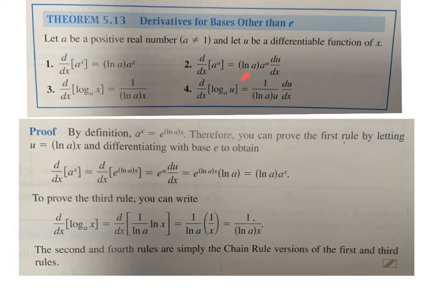All right? Right across from it, same thing here. I now have a to some function, a to the x squared or something like that, a to the 2x. I have to, in this one, consider my natural log of my base, my original function they gave me, and the derivative of my exponent.